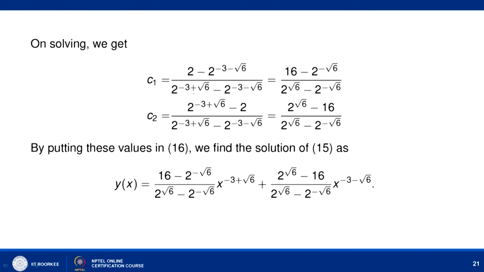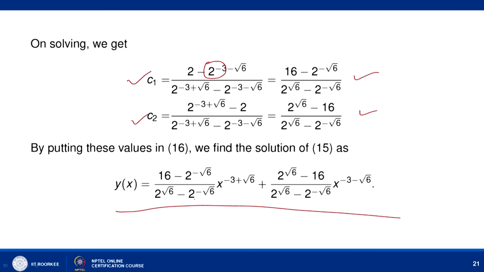Here you get c1 as 2 minus 2 to the power minus 3 minus root 6 divided by this quantity. Taking 2 to the power minus 3 common, you will get that c1 is 16 minus 2 to the power minus root 6 divided by 2 to the power root 6 minus 2 to the power minus root 6. Similarly, in c2 also we take 2 to the power minus 3 out, and you will get c2 as 2 to the power root 6 minus 16 upon 2 to the power root 6 minus 2 to the power minus root 6.